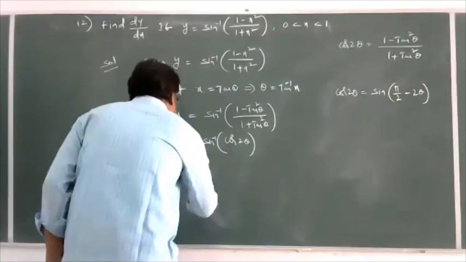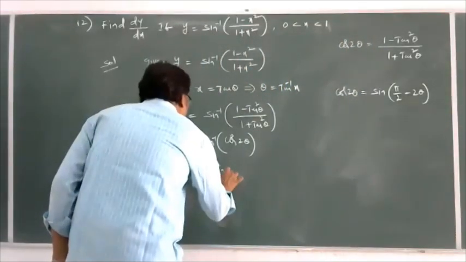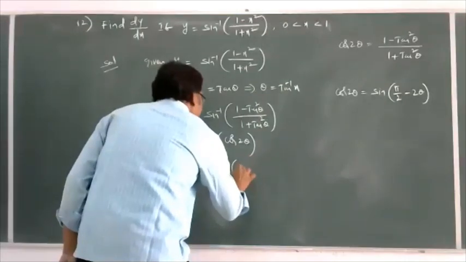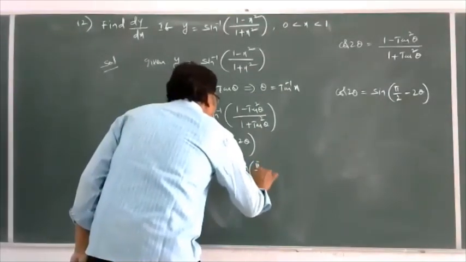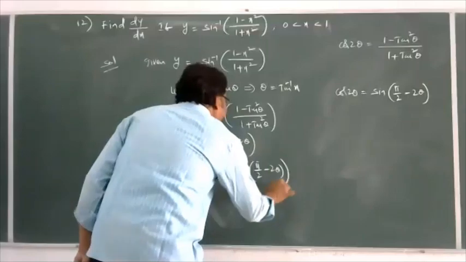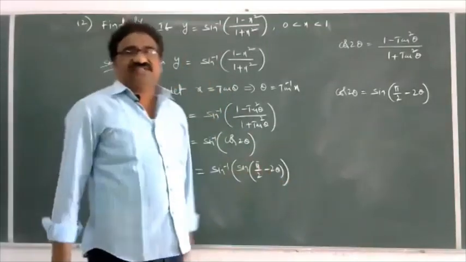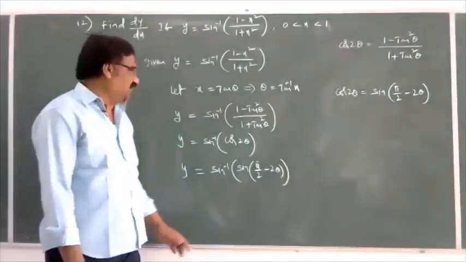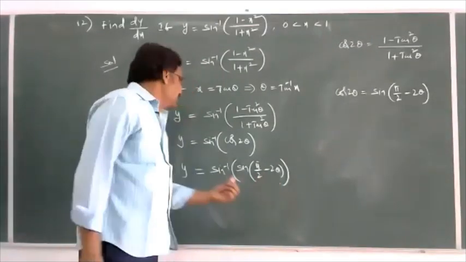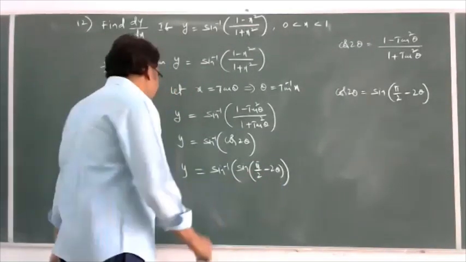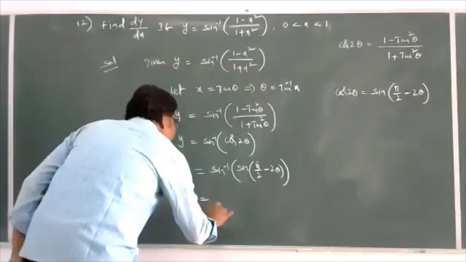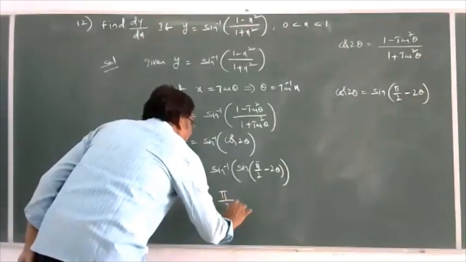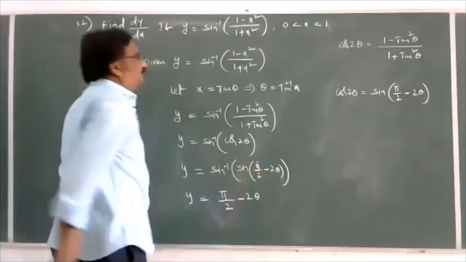That is, y is equal to sine inverse of sine of (pi by 2 minus 2 theta). Here, treat this as x: sine inverse of sine x is equal to x. That is, y is equal to pi by 2 minus 2 theta.